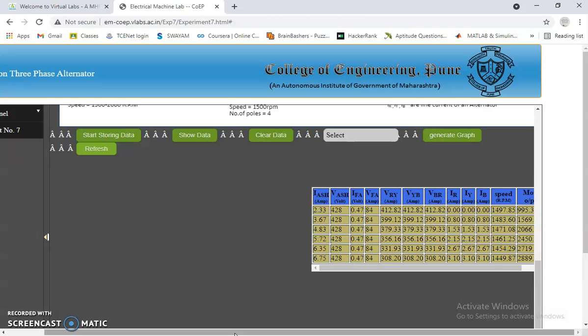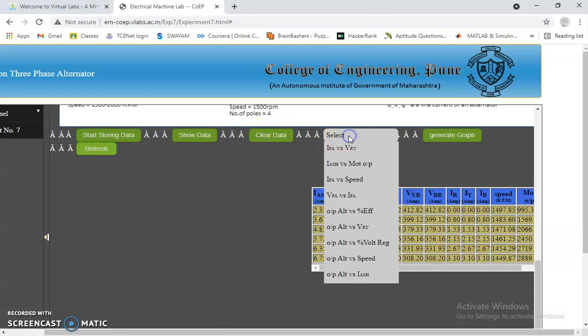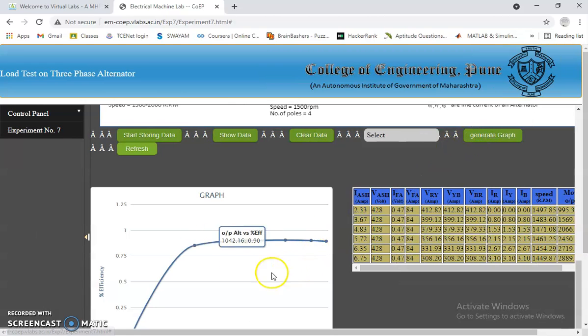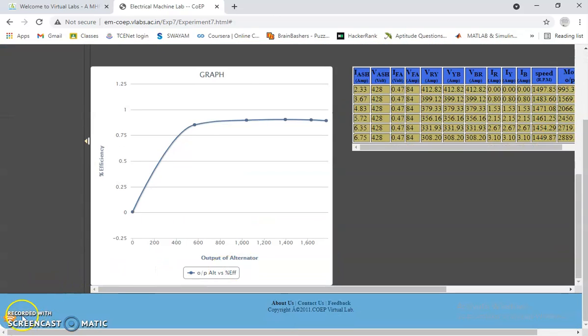Now let us generate a graph between output power and efficiency. Generate graph. By seeing this graph, we can see that as the output power of the alternator increases, the efficiency gradually increases and at a certain point it starts to decrease.